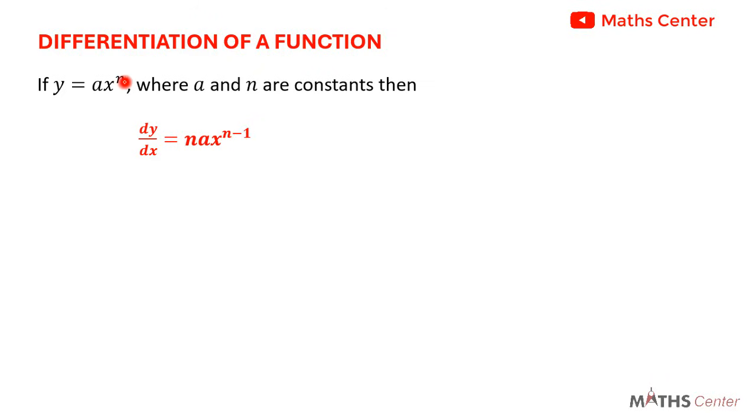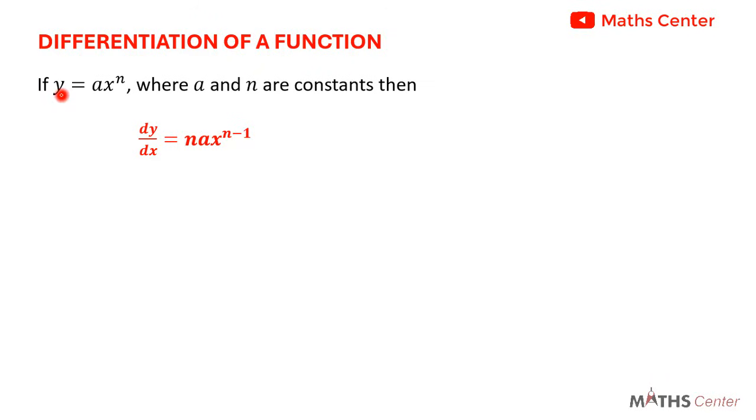So look at it. The exponent n will drop and multiply ax to get nax. Then you reduce the exponent n by 1.